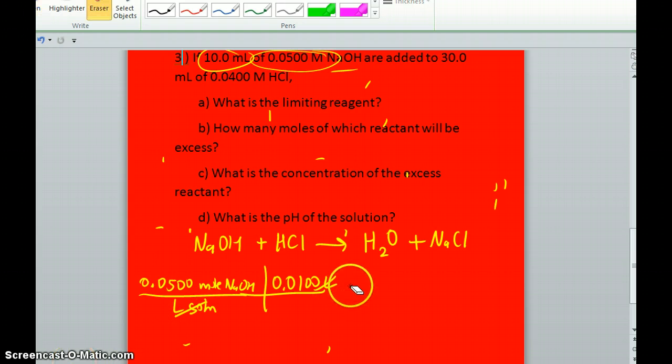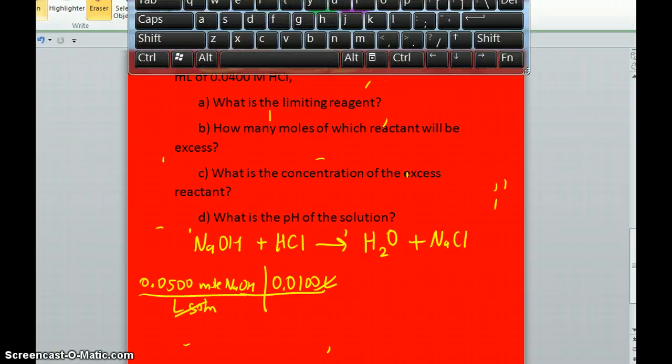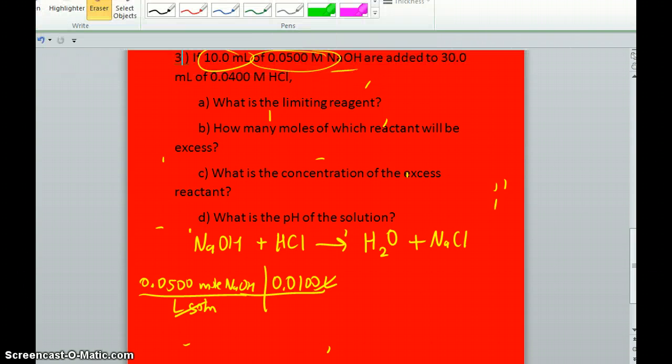Meaning 0.00050 moles sodium hydroxide. Now, to see if that's limiting, I have to compare it to moles of hydrochloric acid.